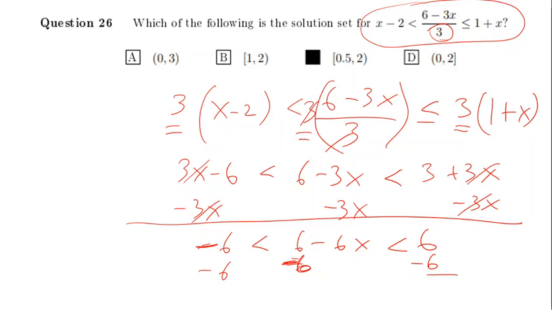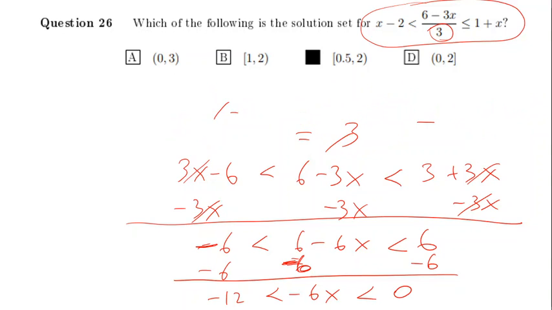Subtracting or adding does not change the direction of the inequalities. So we have minus 12 less than 6. Okay, I think I forgot this part here. No, it is 3 here, sorry. This has to be 3. So 3 minus 6 will be minus 3.